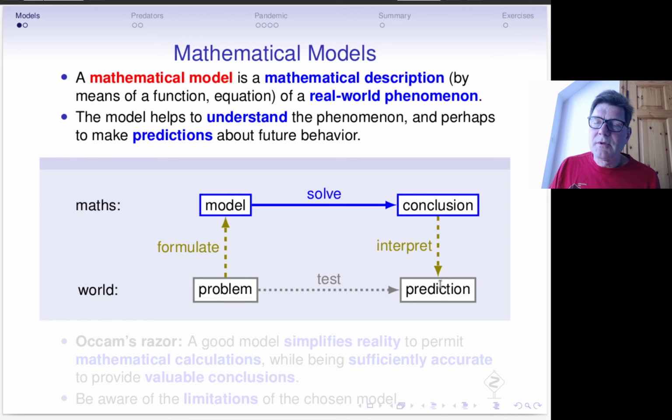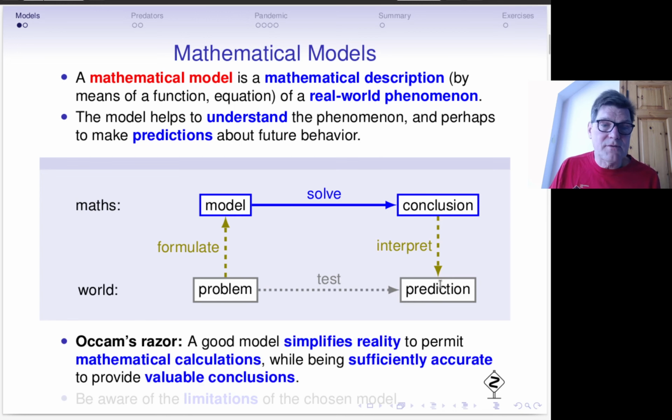There's a principle at work here which is known under many names, for example as Occam's razor, which calls for simplicity in the sense that a good model simplifies the reality in order to permit the mathematical calculations, and at the same time, of course, it needs to be sufficiently accurate to provide conclusions that are of any value.